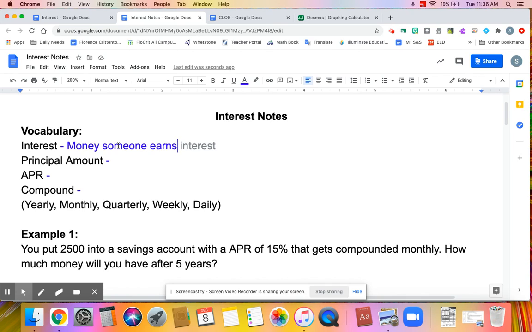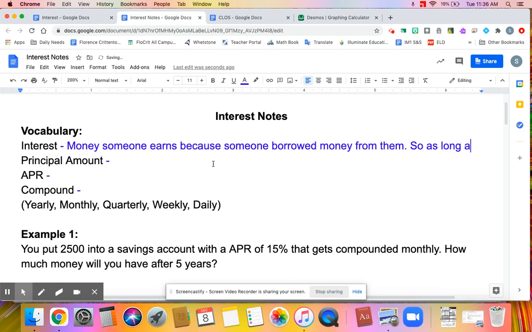But then in the reverse, if you borrow money from somebody else, like let's say you borrow money from the bank, then the bank earns interest. So it's money someone earns because someone borrowed money from them.